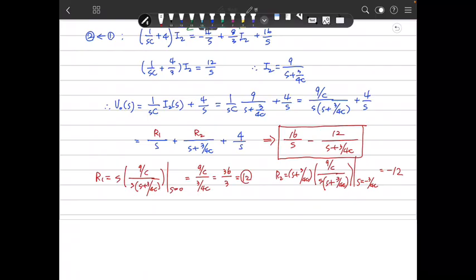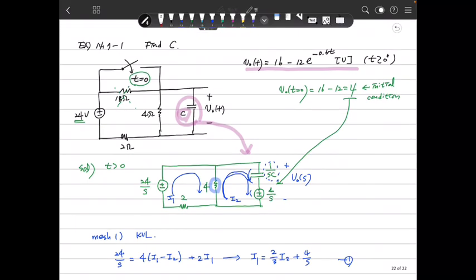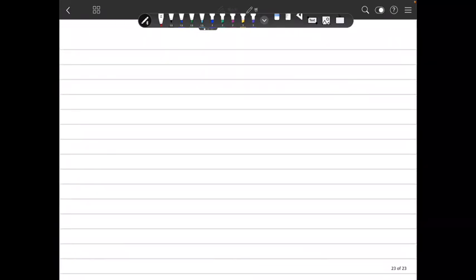Then what should we do? The last step is the inverse Laplace transform.